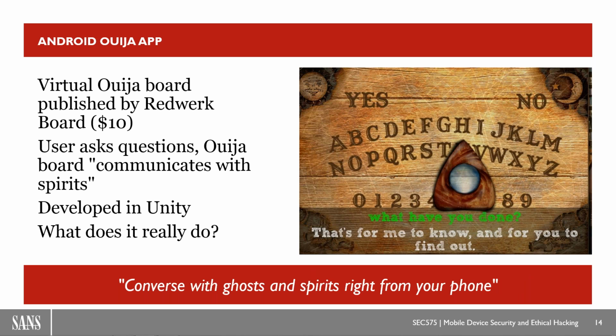I wanted an application I could experiment with, and I was doing a project a little while ago where I took a bunch of Android applications that claimed to do ghost detection and claimed to commune with spirits or visualize spectral anomalies that could identify the presence of spirits in your area and things like that. One of them was this application called the Ouija app for Android.